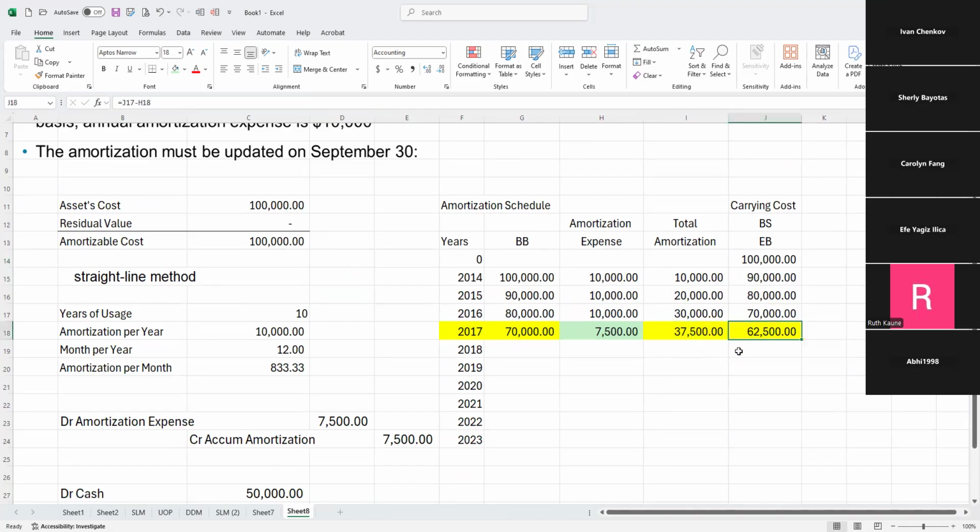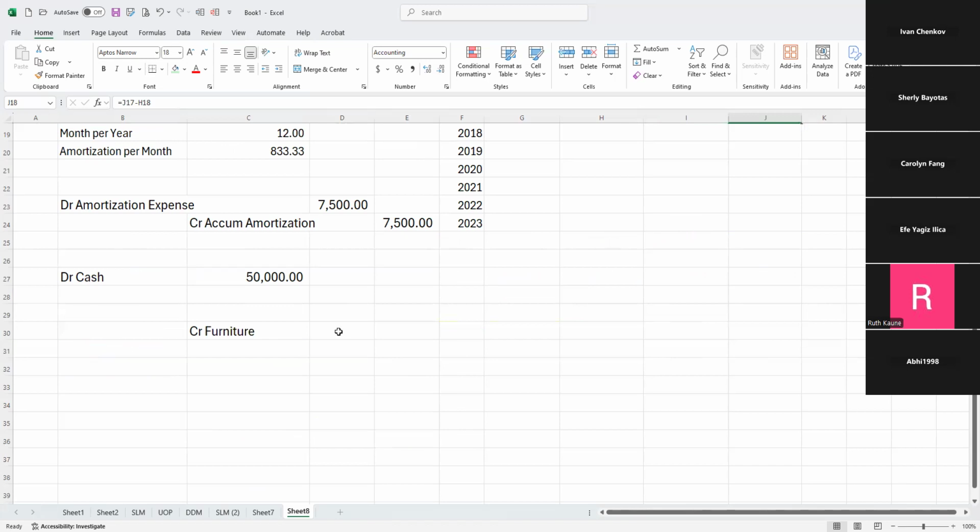So the net amount is 62,500. But once you get rid of the asset, which amount do you have to credit? The original cost. Remember, on the balance sheet, you're going to have furnitures, $100,000.